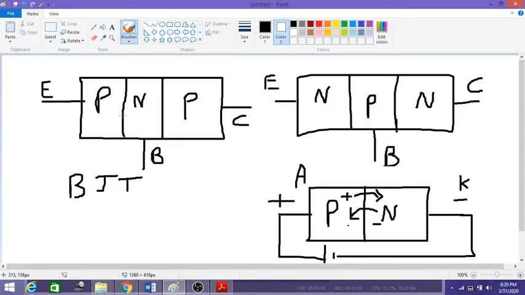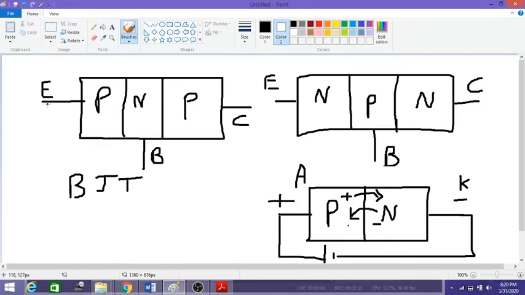It means both polarities, the positive and the negative charges, will contribute in the flow of current. As you know, the transistor consists of three layers and three terminals. The three terminals are the emitter, base and collector, and the three layers can be PNP or NPN.